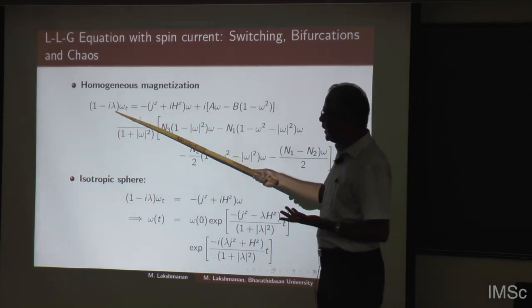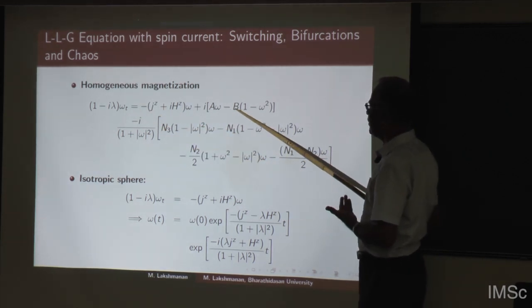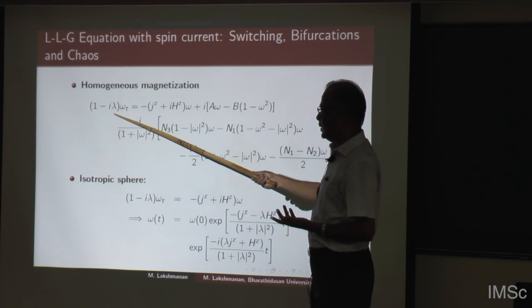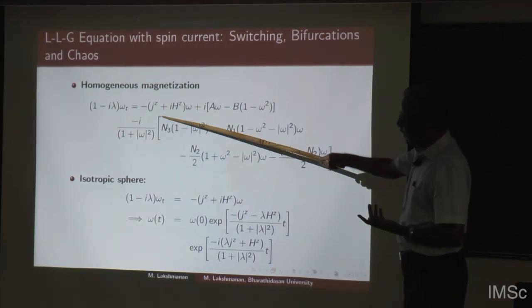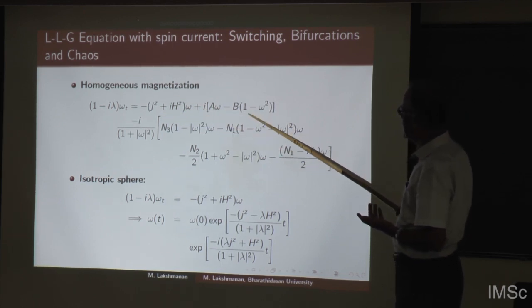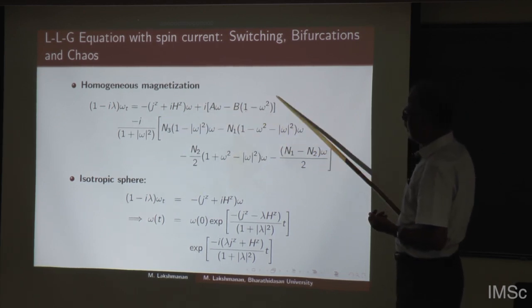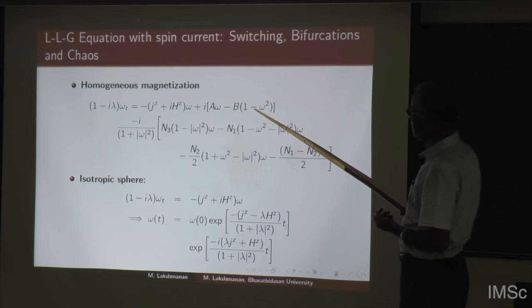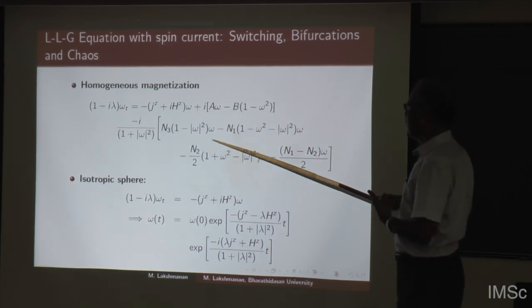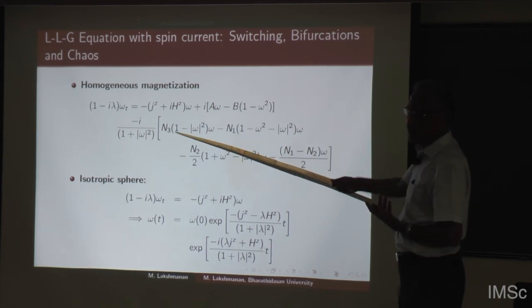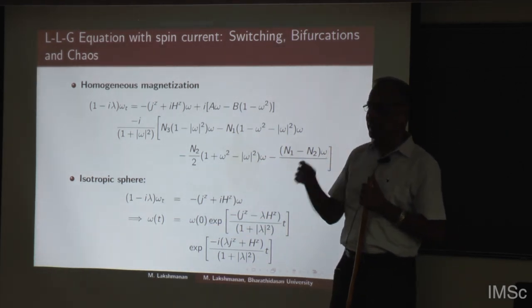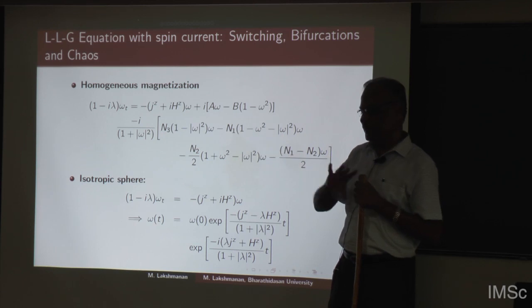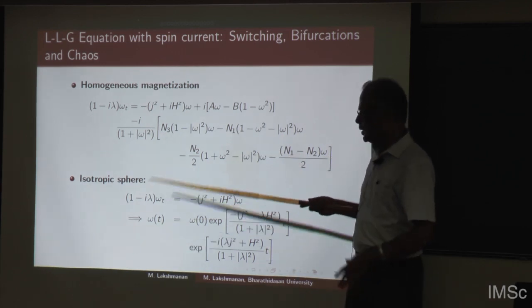So, for example, if you write down the evolution equation in stereographic variable, then you have this equation (1 minus i lambda) omega_t plus the current terms and the magnetic field terms, and these are anisotropy terms, A omega minus B omega (1 minus omega square). These are effects arising from the shapes, demagnetization terms, N1, N2, N3, which correspond to, for example, if you have a sphere, they are all equal, if you have a plane, one of the variables is 0, etc.